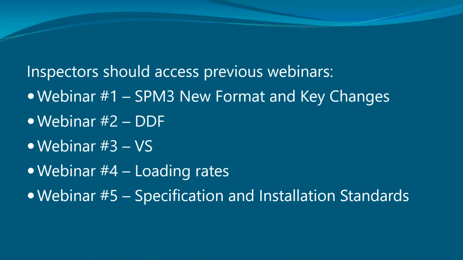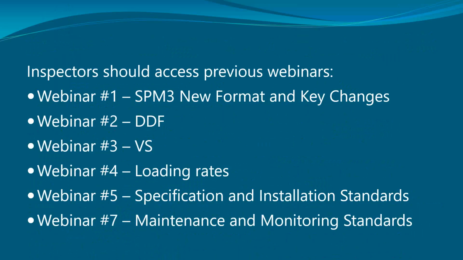Planners create specs, installers put the stuff in the ground, and the rest of us have to know the specs for installation. Number 7 was for maintenance and monitoring standards, basically for planners and inspectors, right? Because planners need to do maintenance plans, inspectors need to understand maintenance, and so on.